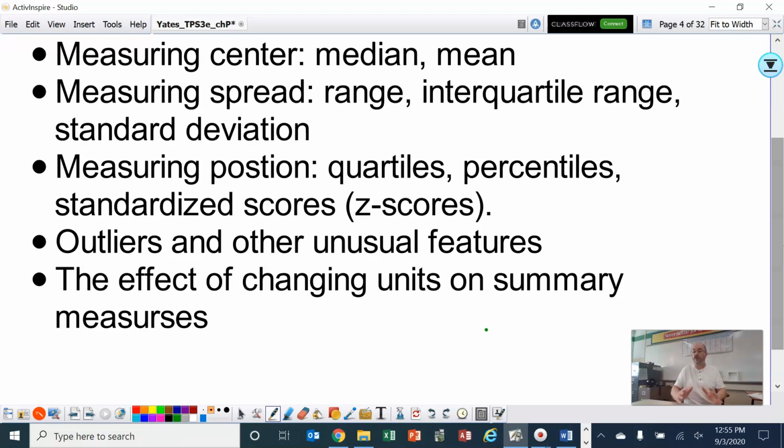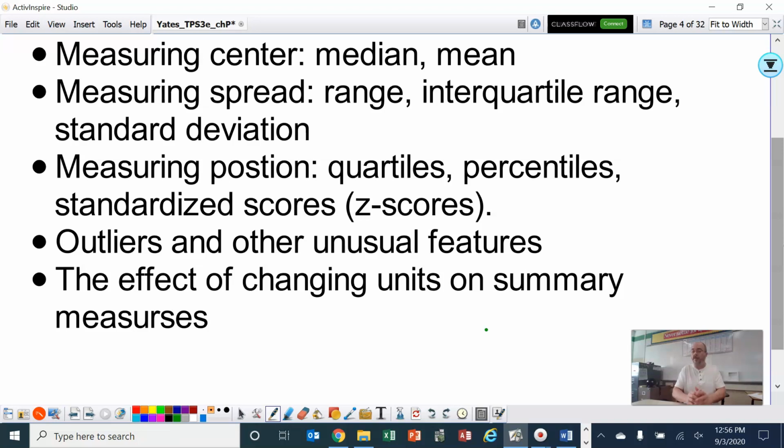Okay, you're going to get to know standard deviation like the back of your hand. All right. Measuring position. Quartiles, remember the box and whisker plots? Quartiles. Percentiles, standardized scores, z-scores. If you just took advanced algebra last year, that's the last thing we were doing. All right.